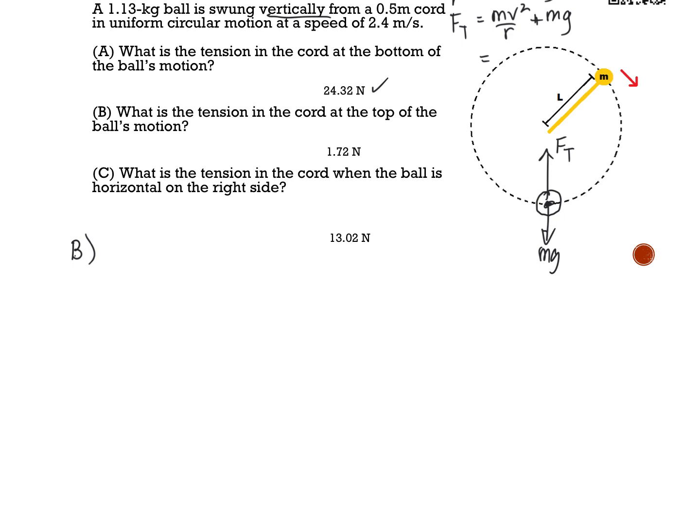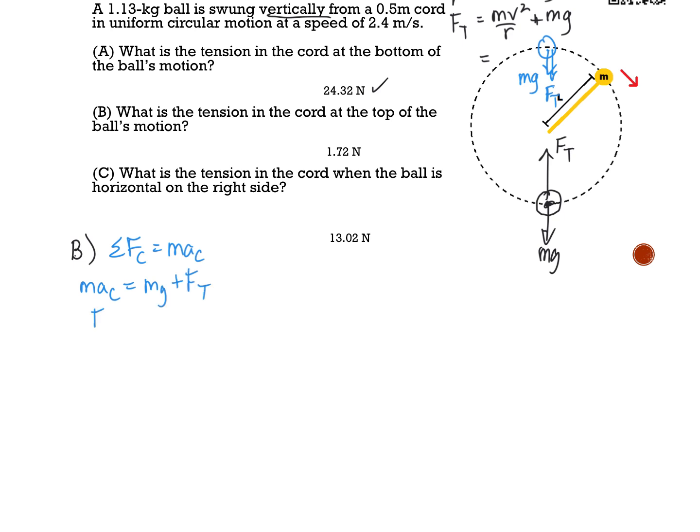Now at the top of the motion, I'm going to do that in blue. At the top, mg and the force of tension are both acting in the same direction. So there's going to be less force on that. If we do the sum of forces centripetal here, m a sub c this time is both mg plus the force of tension.